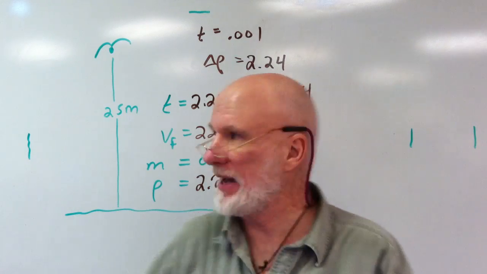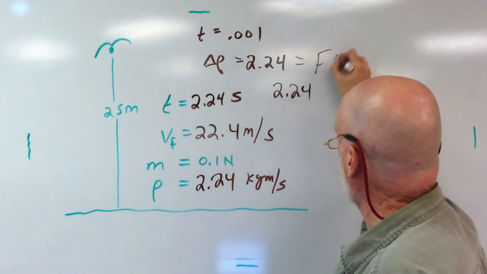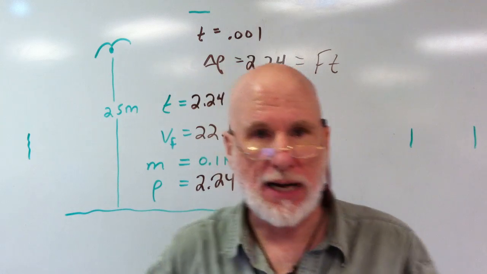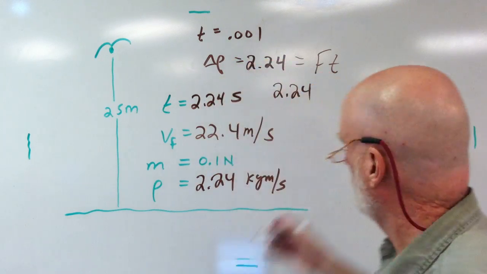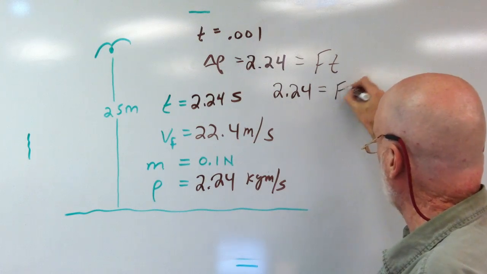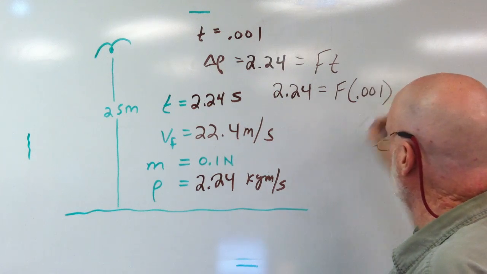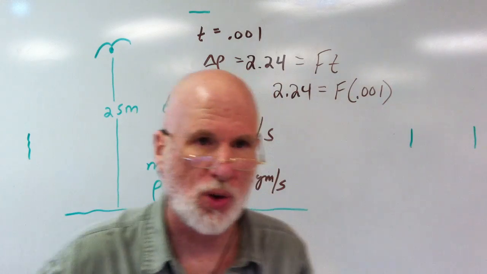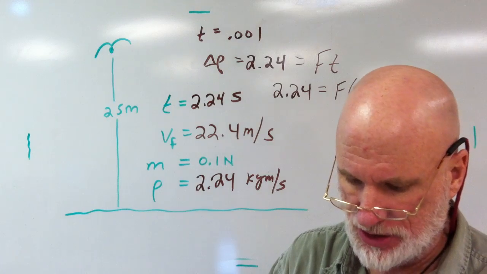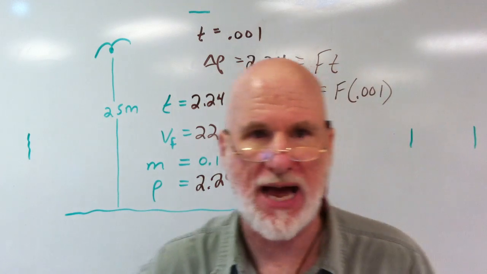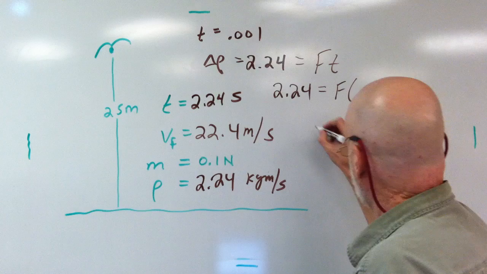That's the change in momentum, and I know that's going to equal Ft. So I want to know what's the force that's being exerted on this clam. So that's going to be F times 0.001. What is 2.24 divided by 0.001? That's going to be 2,240 newtons.